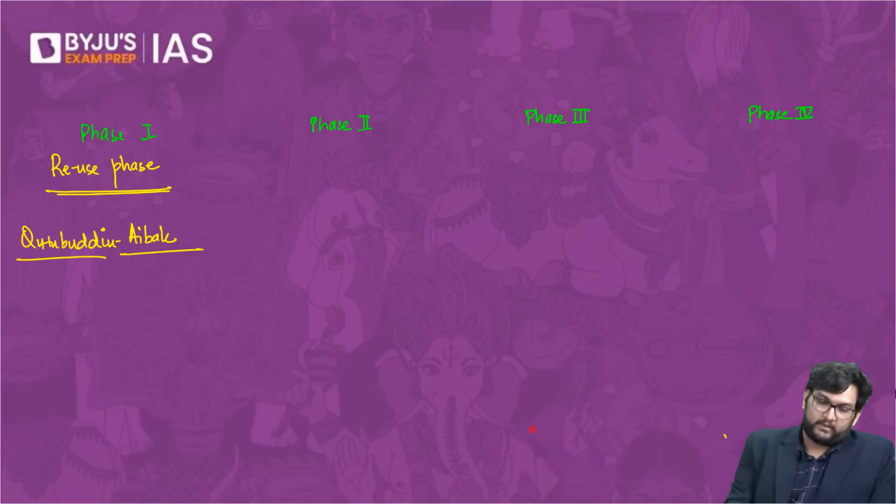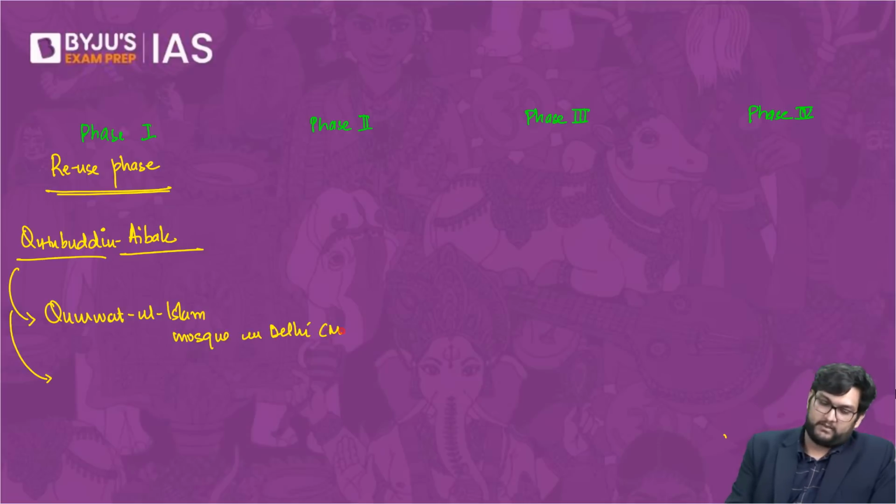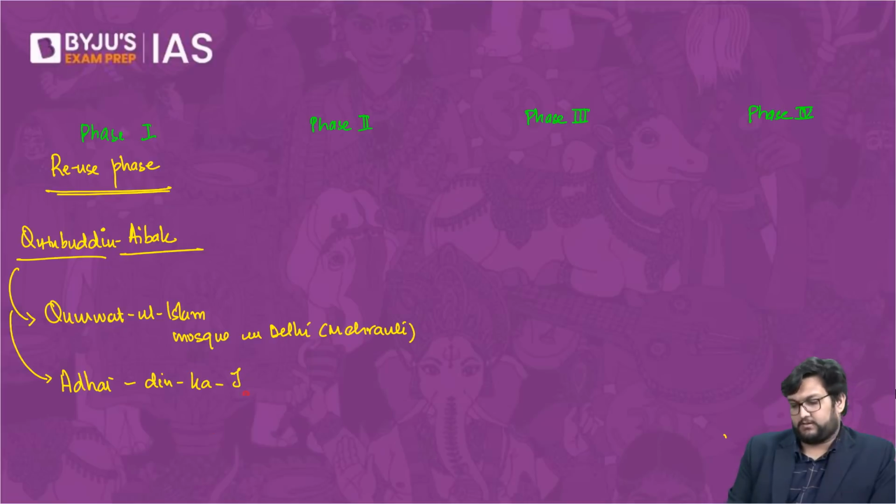Qutbuddin Aibak has two major contributions here. One is called Quwwat-ul-Islam Mosque in Mehrauli, Delhi, and second is called Adhai Din Ka Jhopda in Ajmer.